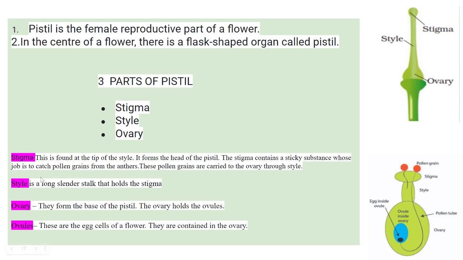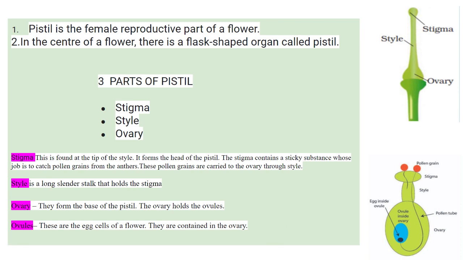But you need to understand that pistil is the female reproductive part of a flower, and it has three main parts: stigma, style, and ovary. Stigma contains a sticky substance on which the pollen grain sticks, and this is carried to the ovary through the style. You can see the style is a long cylindrical stalk-like structure. Ovary is the base of the pistil. Okay, and ovary contains ovules. What are ovules, children?